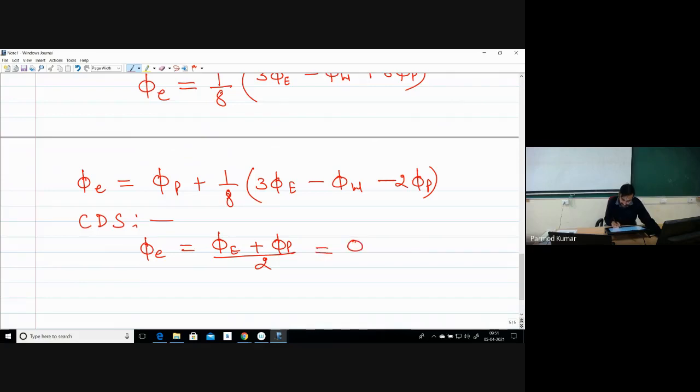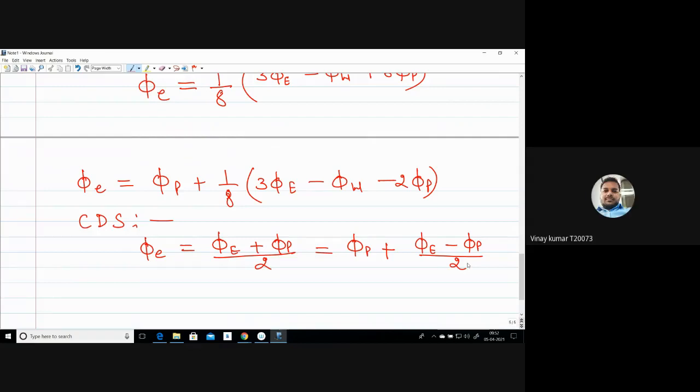So this I can simply write as phi P plus phi E minus phi P by 2. Can I write it like this? Is this correct? Yes sir.